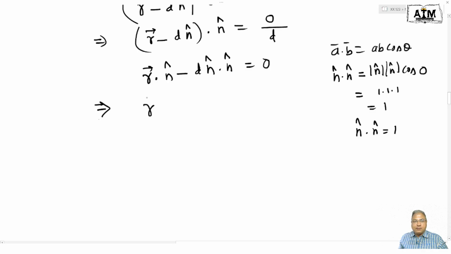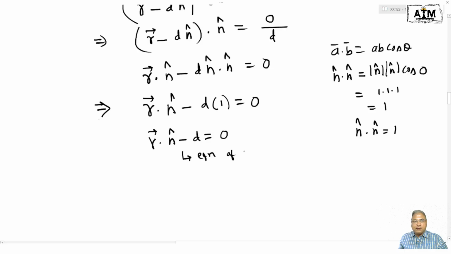Therefore, vector R dot n cap minus D multiplied by 1 equals 0. So vector R dot n cap minus D equals 0 is the equation of plane in normal form.